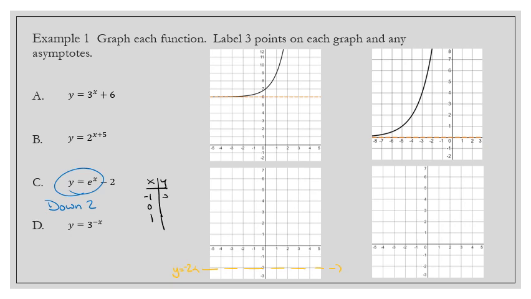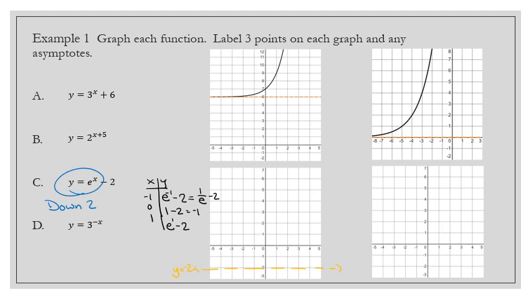Okay, so we have e to the -1st power minus 2. You could find a decimal approximation if you want. e to the -1st power is the same thing as 1 divided by e, and then minus 2. e to the 0 power is 1, minus 2, so then we're at -1, and then we have e to the 1st minus 2.